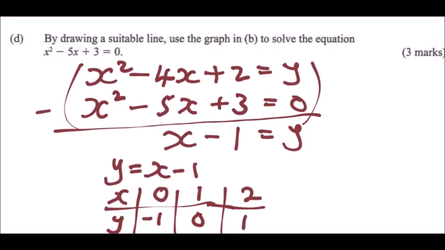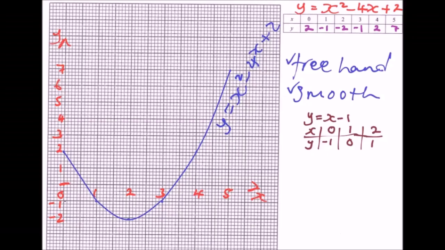So we are going to use these values to plot a graph, and that will help us to solve this equation. So we are going to plot the graph of y is equal to x minus 1, and we had already made a graph.